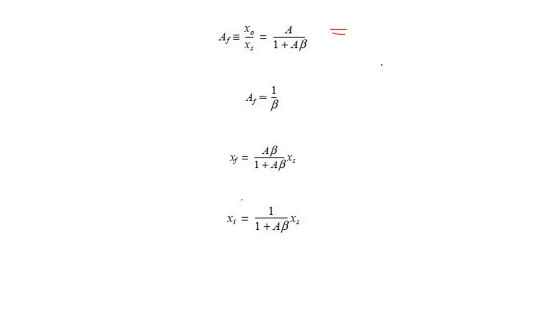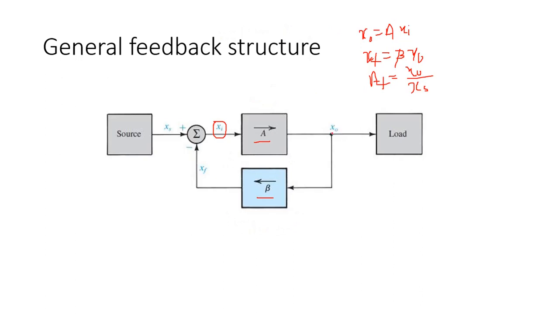So as you have seen here, X naught is A into Xi, and Xf is beta into X naught. Then Xi over here is the subtraction of this from this. So Xi is Xs minus Xf. Then in that case, Xs will be Xi plus Xf.